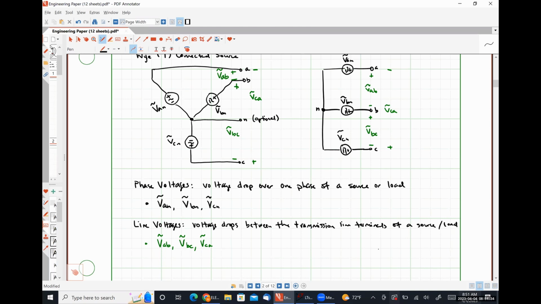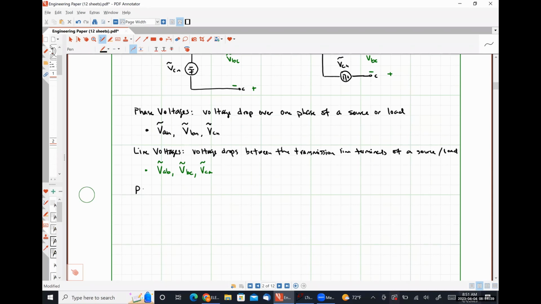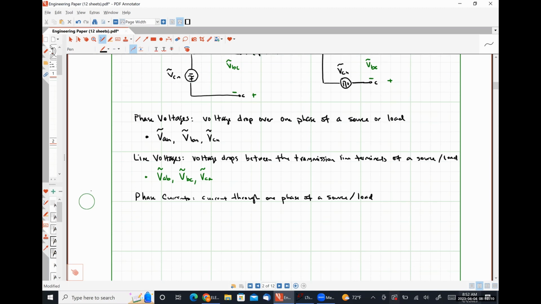So now let's talk about phase currents. A phase current is simply the current that's flowing through one phase of a source or load.